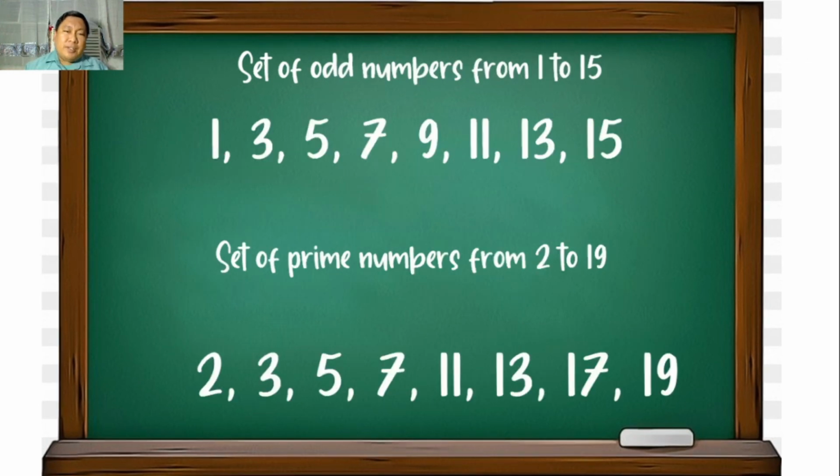For the second example, for the set of odd numbers from 1 to 15, we have B equals open brace, then closed brace. And for the set of prime numbers from 2 to 19, we have C equals open brace, and then closed brace. So the elements, as you can see, are enclosed in braces, and that particular set is named using any uppercase or capital letter.